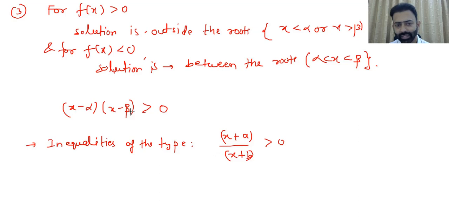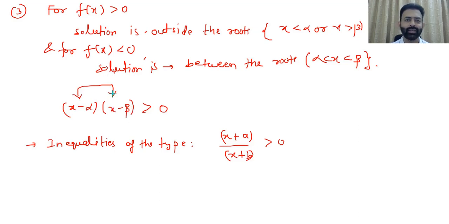So just like we gave the solution for a quadratic inequality in which the two roots are written like this, x minus alpha and x minus beta, we take this as multiplication of two numbers and arrive at this result.